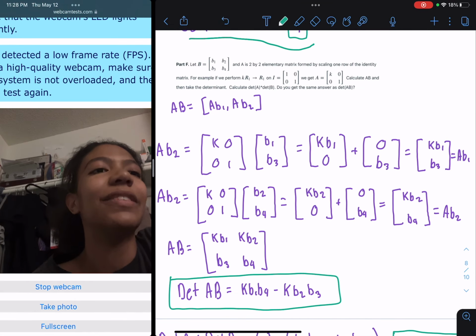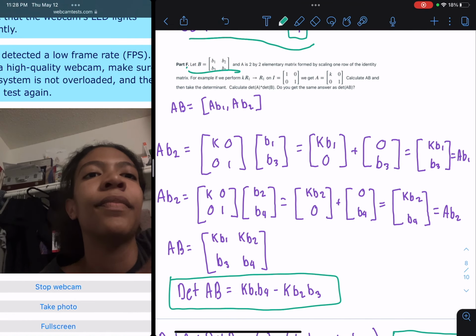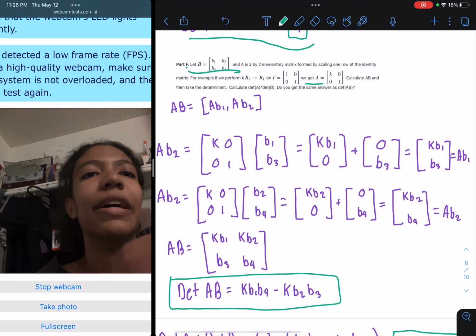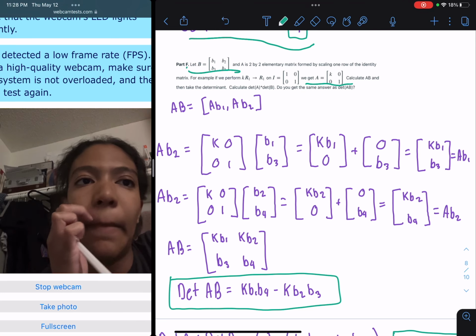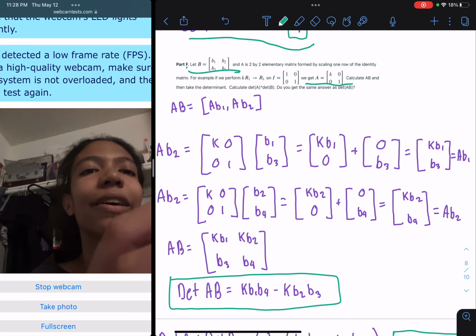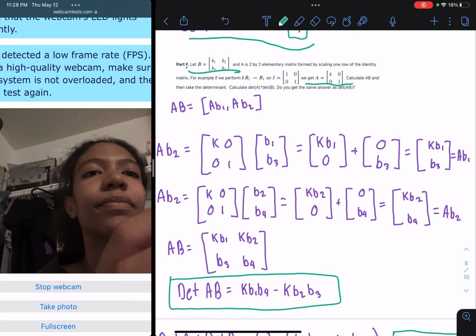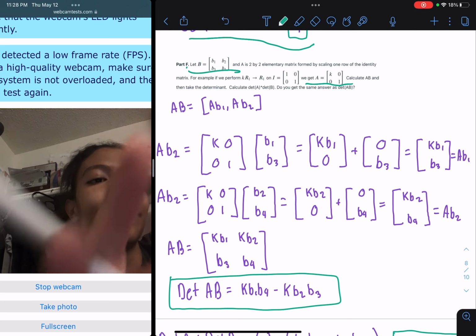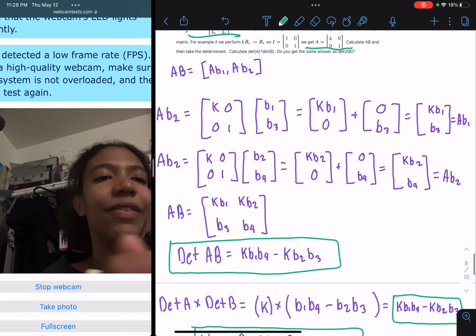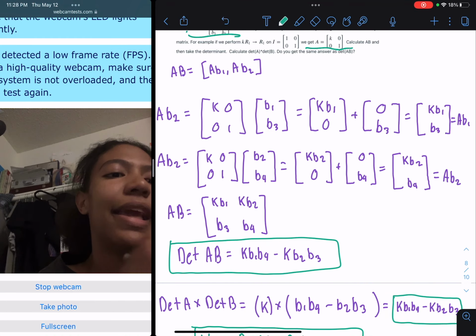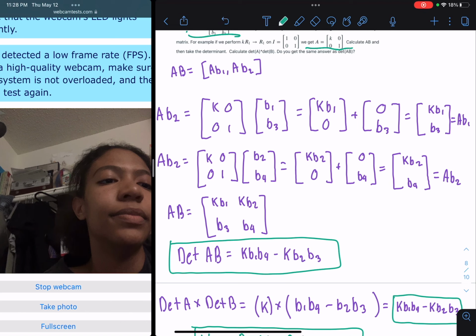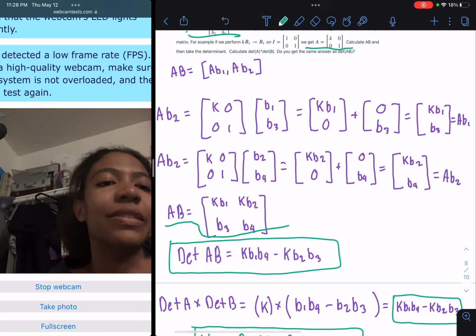Alright, so now we have to let B equal this. And A was found by doing a scale of k by row 1. And we had to calculate AB. And we got this.